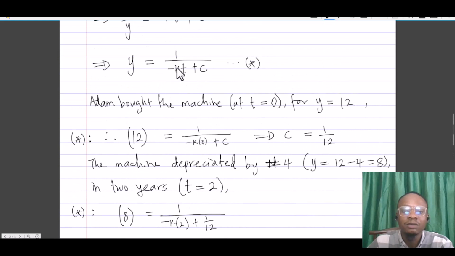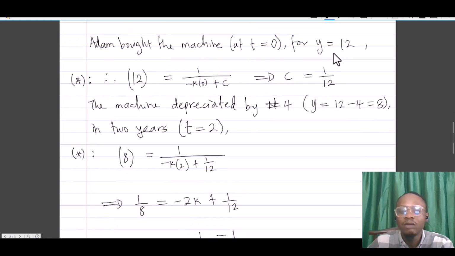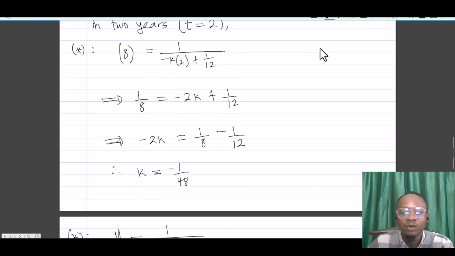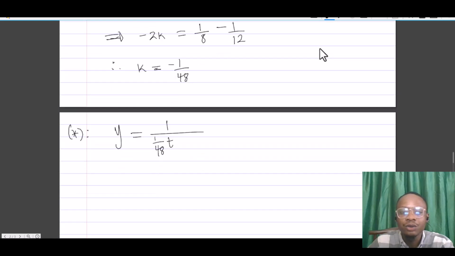K is minus 1 over 48, so negative of that, that's 1 over 48t plus c. We've obtained c earlier to be 1 over 12. So this is plus 1 over 12. So this is the expression that helps us to evaluate what y is at any time t.